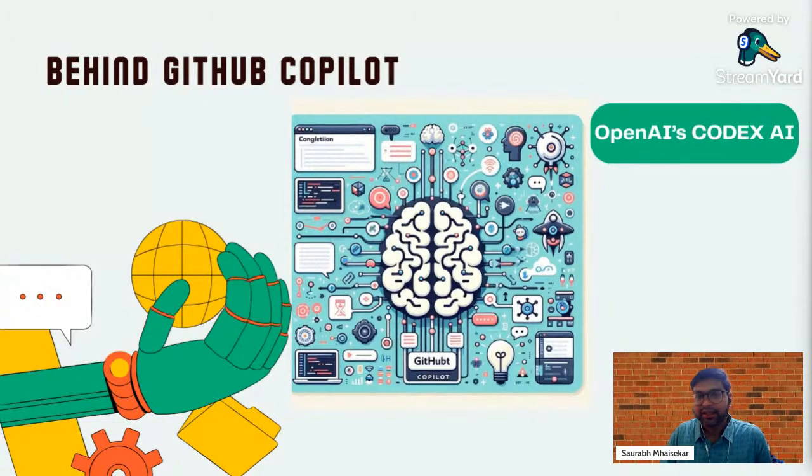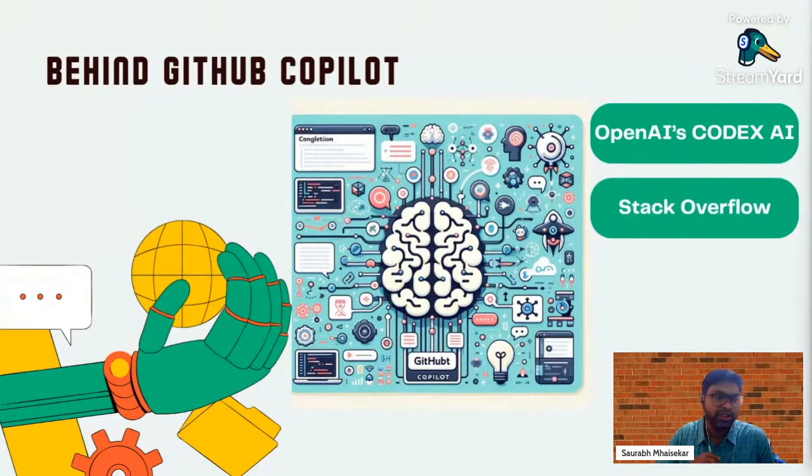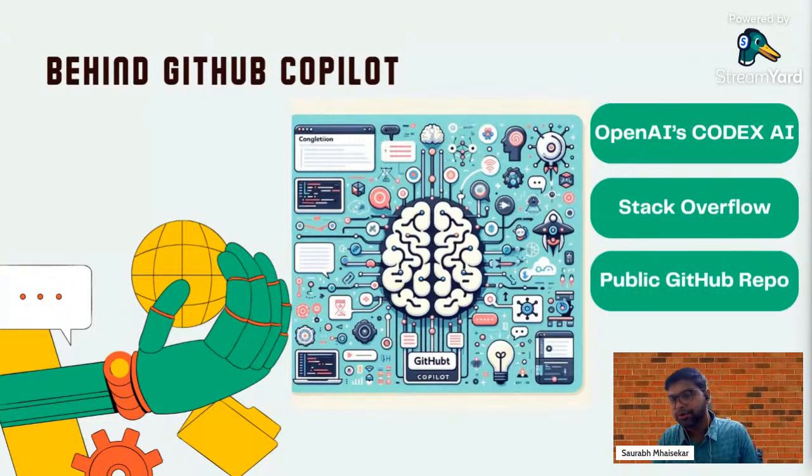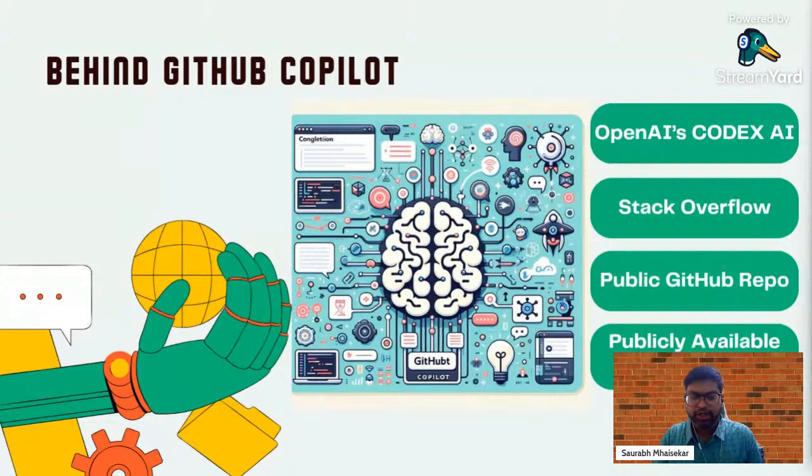So again, the second question is, how does it get good at this, right? It can generate all those things, but how did it learn them? Codex was basically trained on billions of lines of code which are publicly available throughout Stack Overflow, public GitHub repositories, and wherever publicly available code exists.